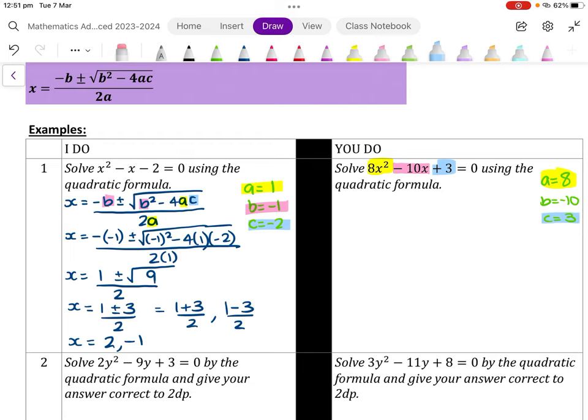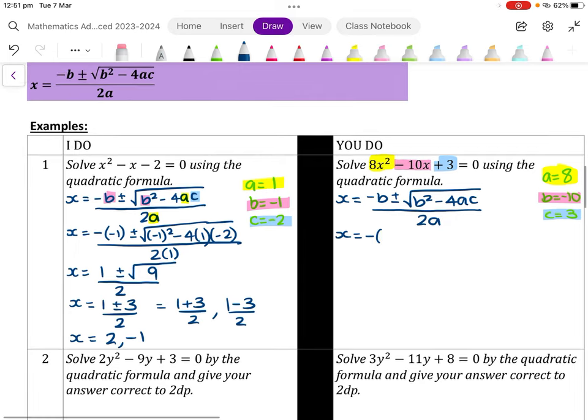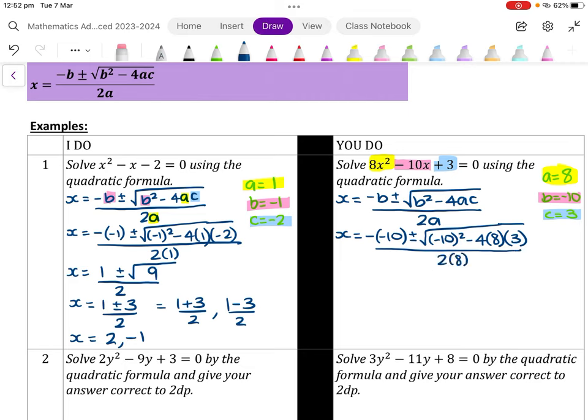Once we have identified our a, b and c, we copy down our quadratic formula, x equals minus b plus or minus the square root of b squared minus 4ac all over 2a. So x is equal to minus b, which is minus negative 10, plus or minus the square root of negative 10 squared minus 4 lots of a of 8, lots of c of 3, all over 2 lots of our a of 8.